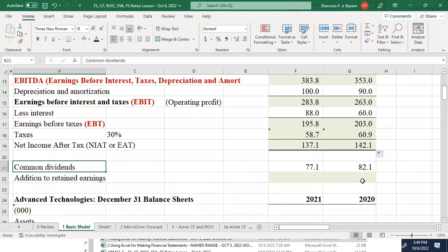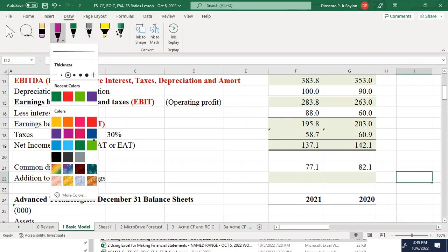So finance plays a major role there. Finance helps in determining if dividends should be issued, and if so, how much should it be? So here, it was stated that the dividends will be issued at 77.1.